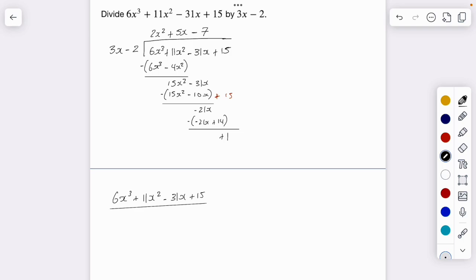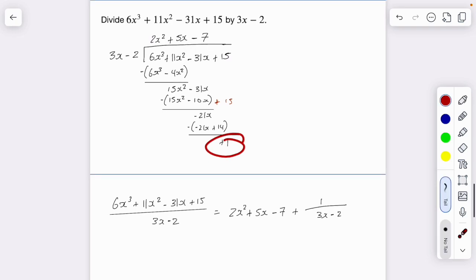If we divide that by 3x minus 2, what we get is 2x squared plus 5x minus 7, plus 1 over 3x minus 2. So our remainder here.